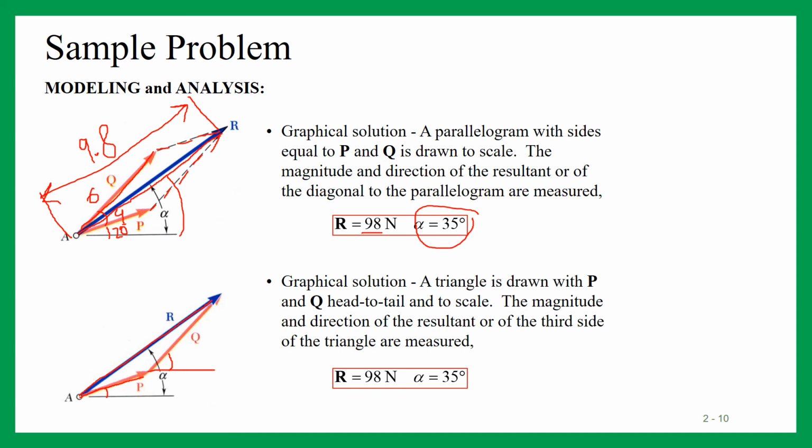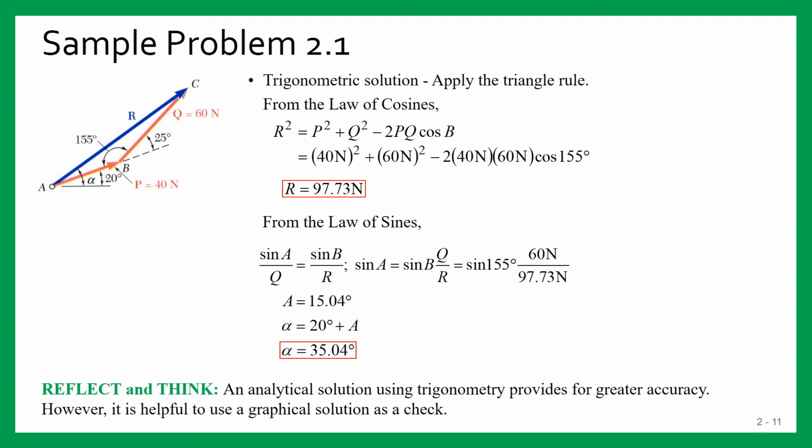Next you complete this triangle. Again you measure this length and this angle. Then you will find the length will be 9.8, so 98 Newton, and the angle will be similar. So this is this method.